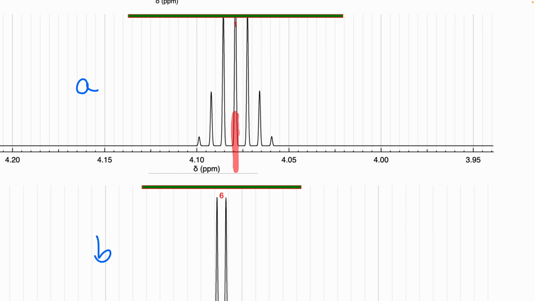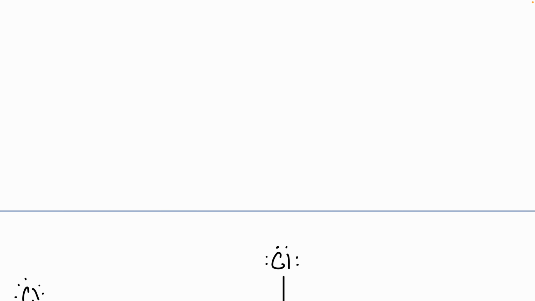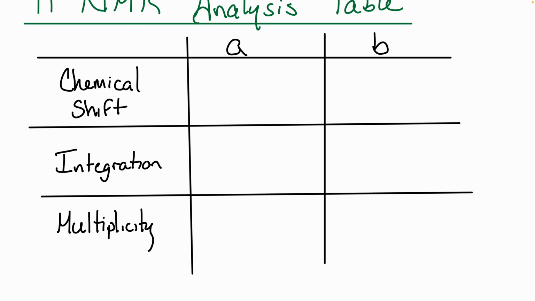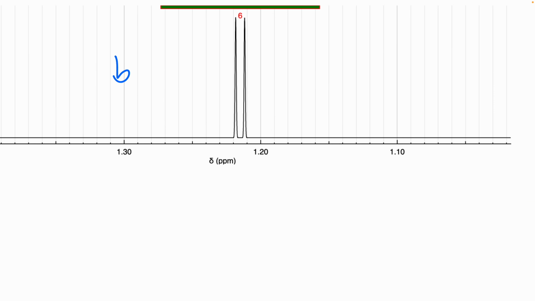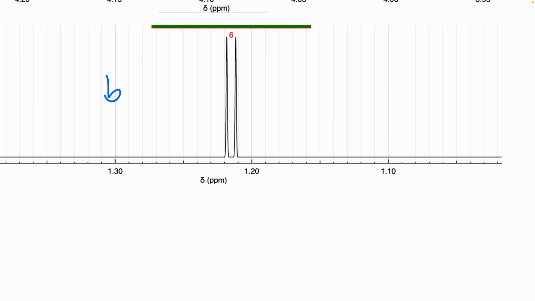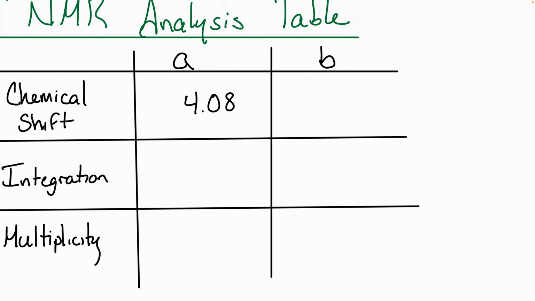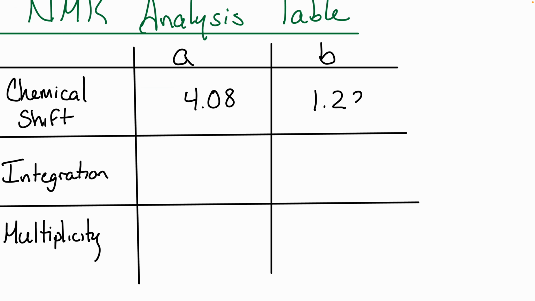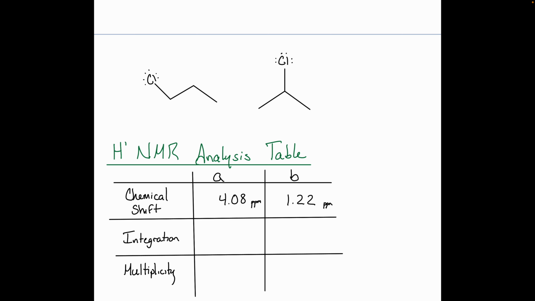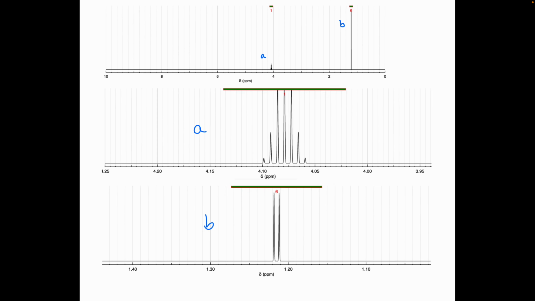So the very middle here will be the ppm that I report, in this case around 4.08 for peak A. And for this one, again aiming in the middle here, we're going to call this 1.22. Label ppm. That's where on our x-axis we're absorbing.